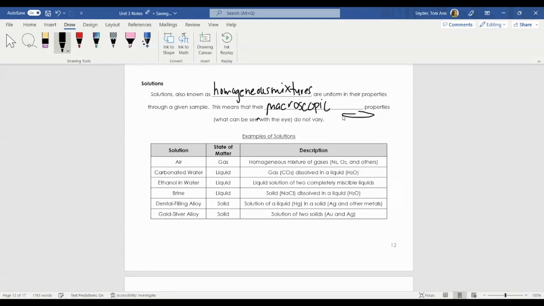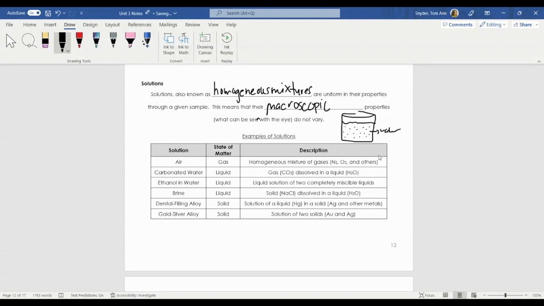So if I have a solution or a true homogeneous mixture, with some liquid in there, let's say a saltwater solution or a sugar solution, ultimately it doesn't matter. If my solvent is water, a true solution would have those particles evenly distributed throughout the entire material.